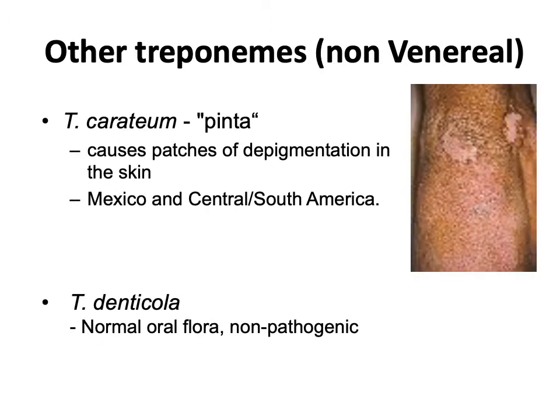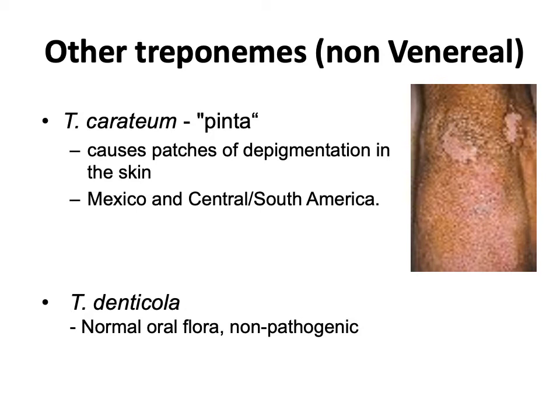Treponemes other than Treponema pallidum exist that are pathogenic to humans. Some are even non-pathogenic, such as T. denticola, which is considered normal oral flora. The pathogenic treponemes are identical serologically and morphologically.